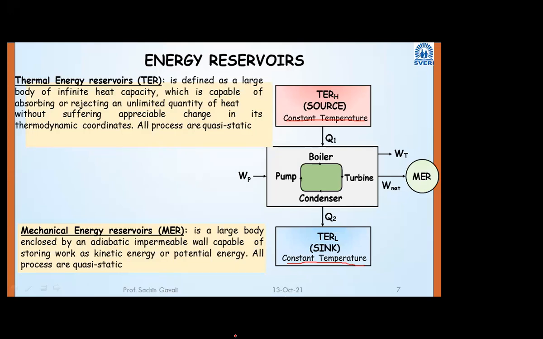So we call it a big reservoir. Here, thermal reservoir is related to heat. Though an abundant quantity of heat is supplied or rejected from the body, its temperature always remains constant.